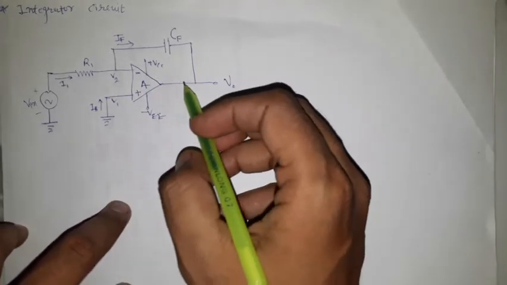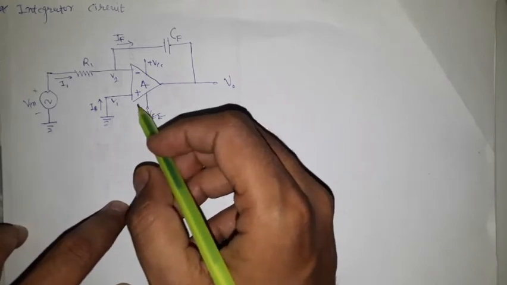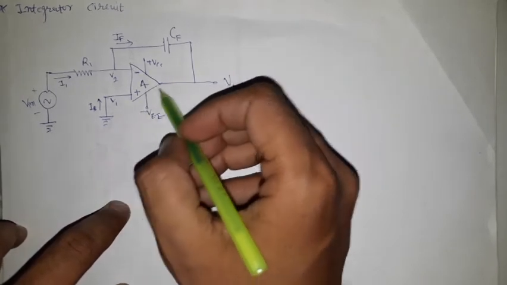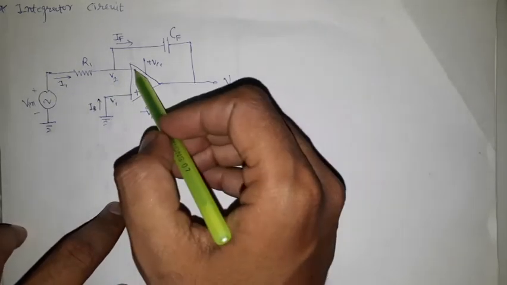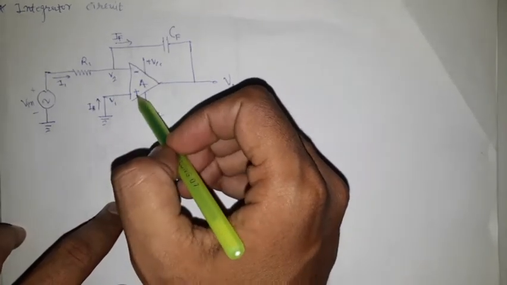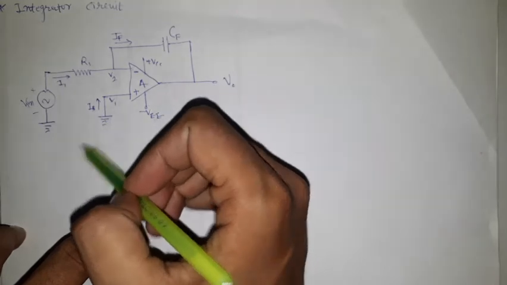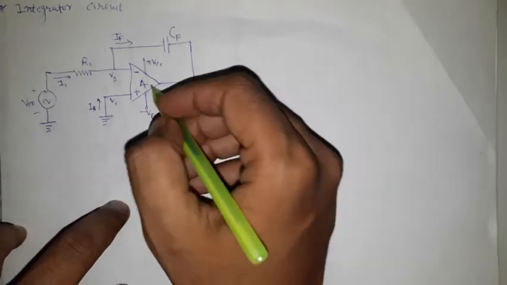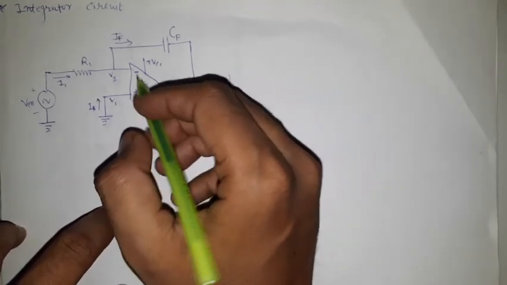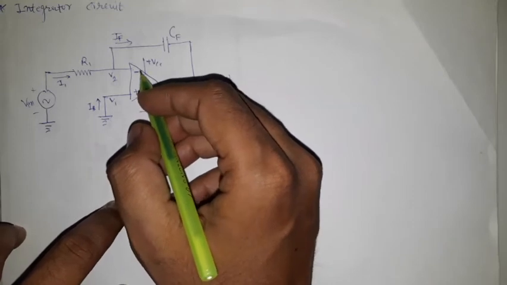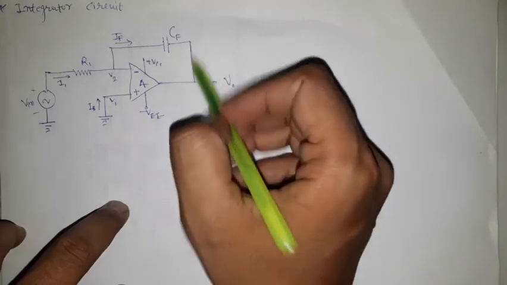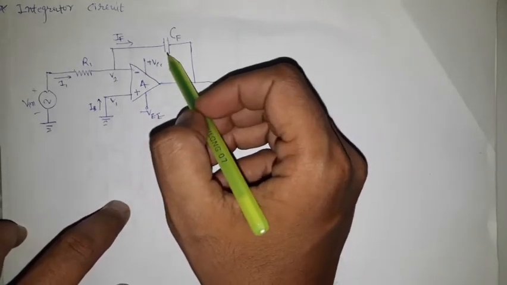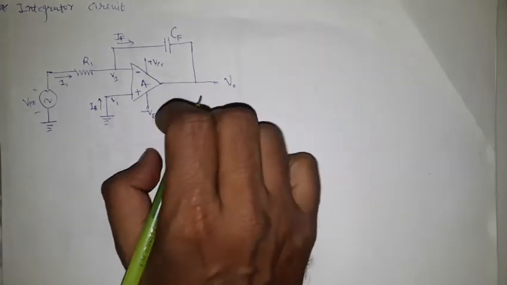From this circuit we can say that this operational amplifier is used in the inverting mode because input is given in the inverting terminal and the non-inverting terminal is connected to ground. And one more thing is, in feedback there is a capacitor.